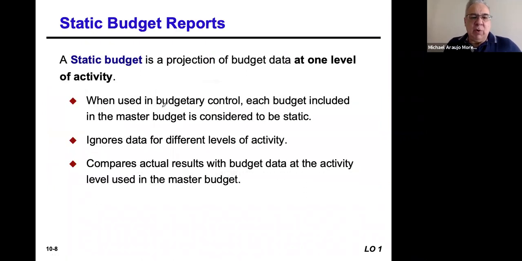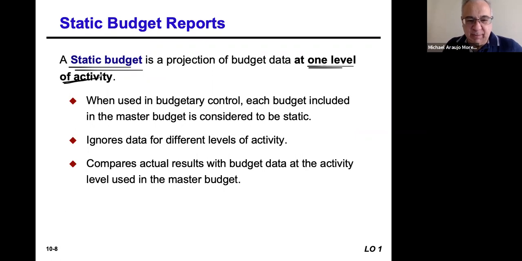So now we get to introduce you to something that's really quite fun, although it might look static to you. Might be a hair-raising experience if you have too much static. But a static budget basically is a projection of your budget data, but simply at one level of activity.